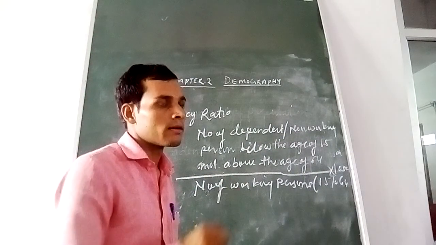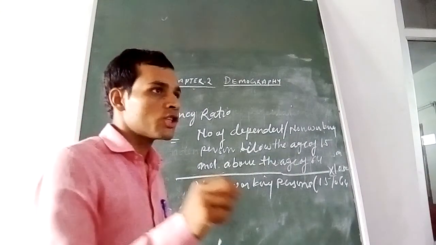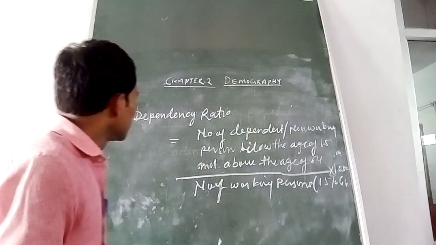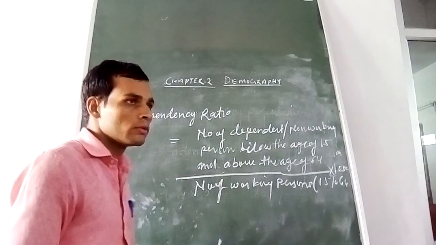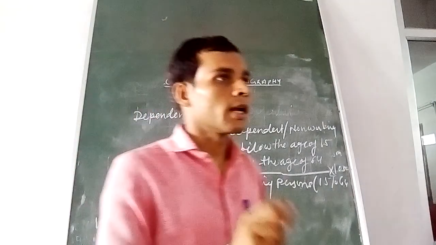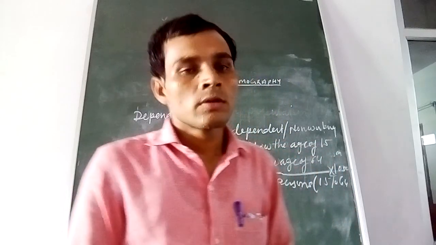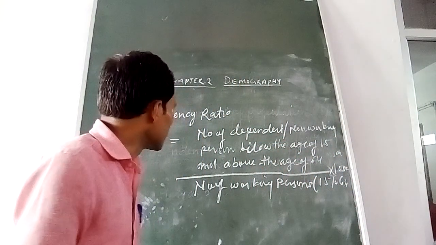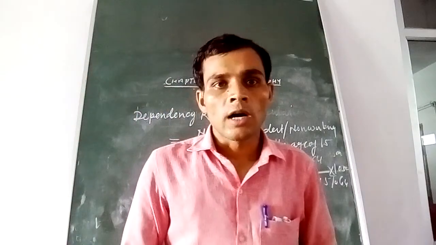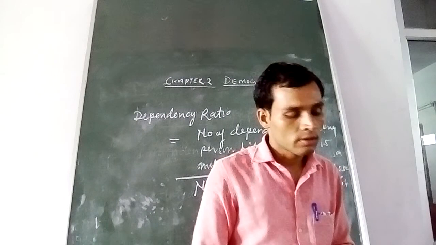The working population is the majority, which is positive, and the non-working population is smaller than the working population. So these are some of the factors which I explained in front of you. After it, we also discuss some other terms.